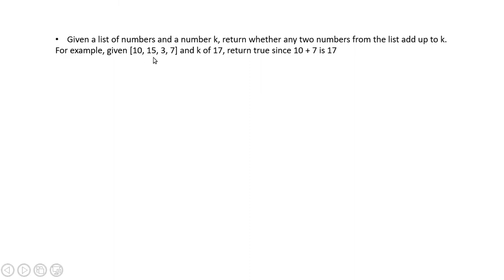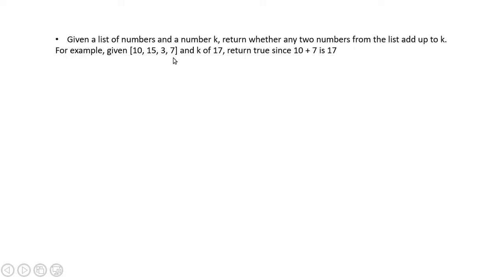Then I will add 10 and 3. Since that is also not the sum we are looking for, we will move to 10 and 7. Since we got this answer in the first pass, this can be a successful method.